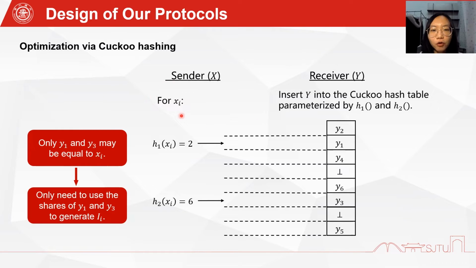We assume that for item Xi, H1(Xi) is equal to 2 and H2(Xi) is equal to 6, which means that Xi may be mapped to the second or the sixth bin. So only Y1 and Y3 may be equal to Xi. So the sender only needs to use the shares of Y1 and Y3 to generate Ii.